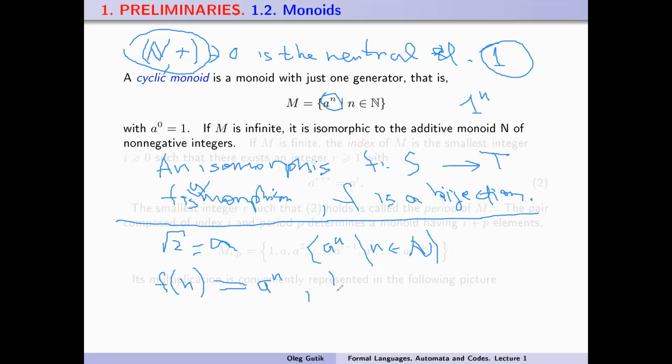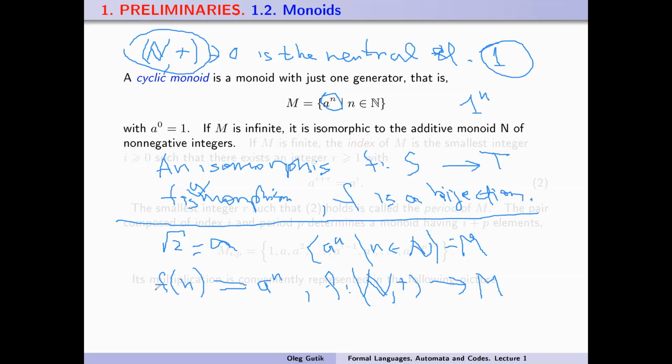This map is from the non-negative integers with operation addition to the monoid M. This map is an isomorphism.